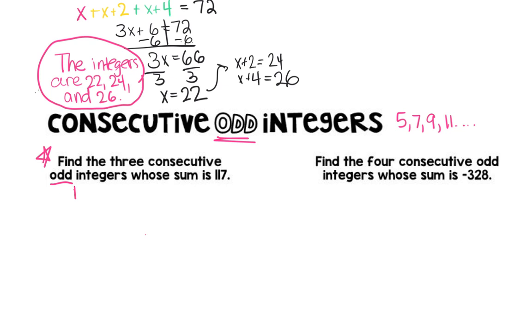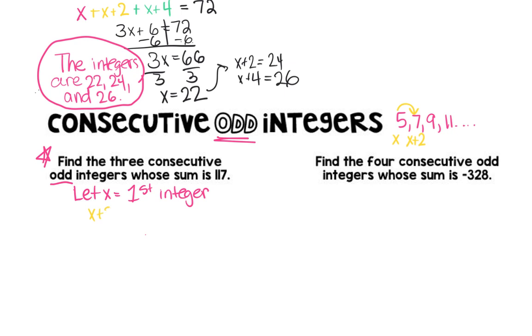We start this one off the same way. We're going to let x equal our first integer. Now to get to that second integer, if this is x, we have to jump over the even number. So this is also going to be x plus 2, just like the consecutive even integers.